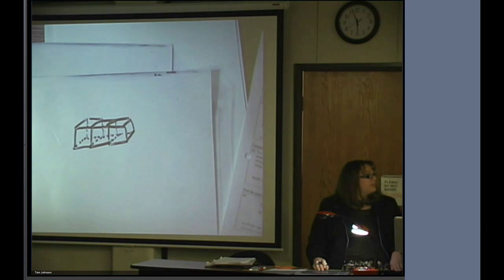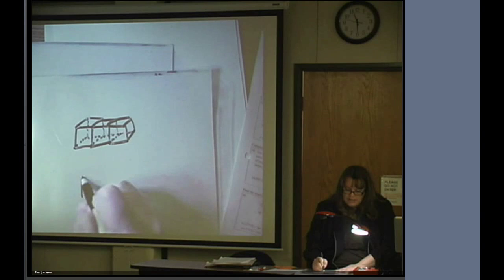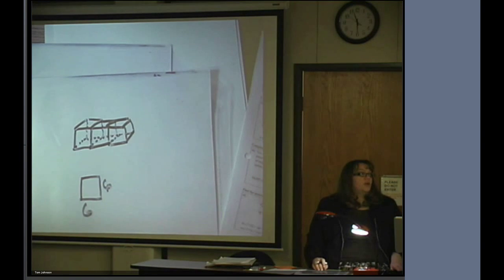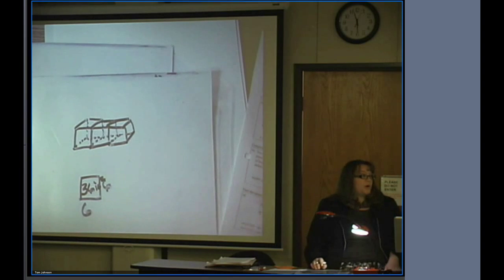Okay, so I'm asked to find surface area, and because I'm dealing with cubes here, each cube has the face of a square that's 6 by 6, which means this face is how many squared units? 36. Each square is going to be 36 inches squared, each one.